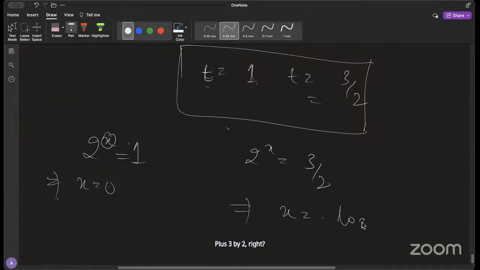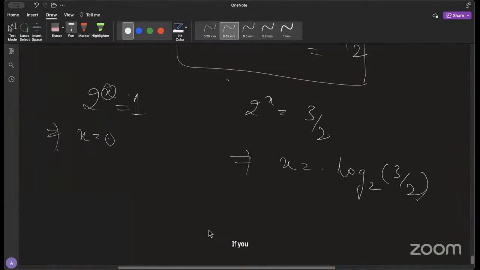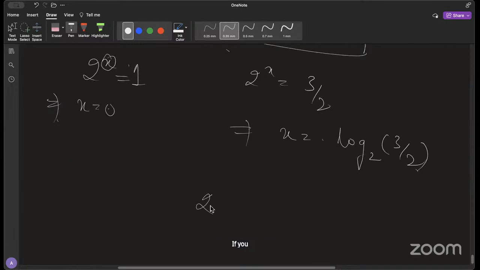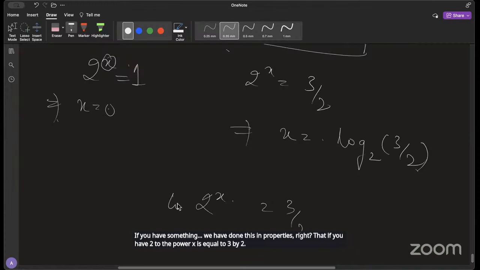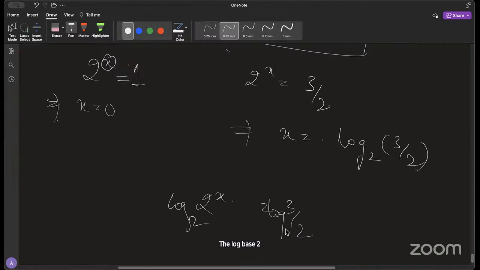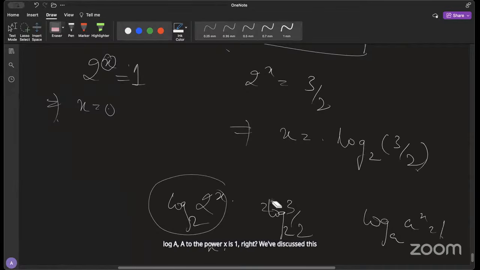This will give you log base 2 3 by 2. We have done this in properties, right? That if you have 2 to the power x is equals to 3 by 2, then if you apply log base 2 on both sides, you will get this is x only. Log a to the power x is 1, right? We've discussed this in properties.